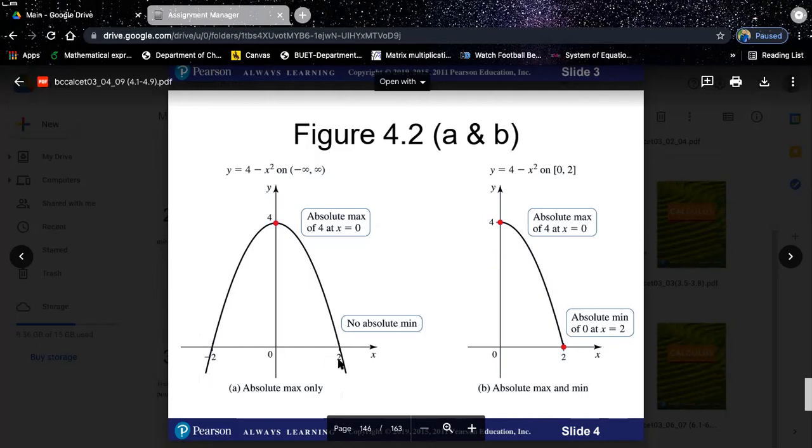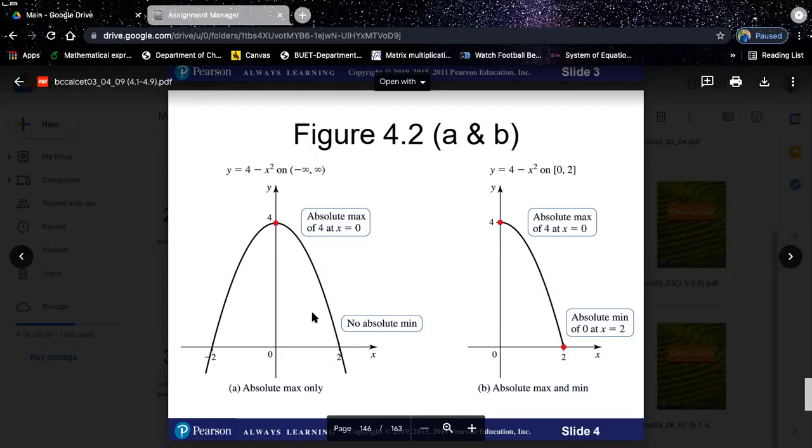At least we can't really see any change of direction here. It keeps going in the downwards direction, and there is no end point either. So there is no minimum value for this graph on this domain. I mean, from negative infinity to infinity.